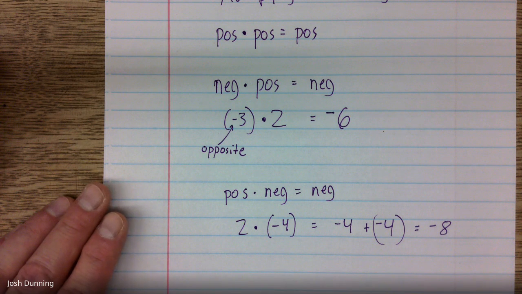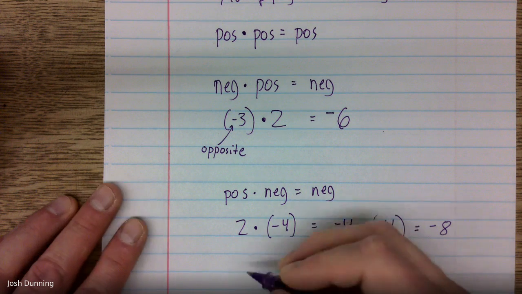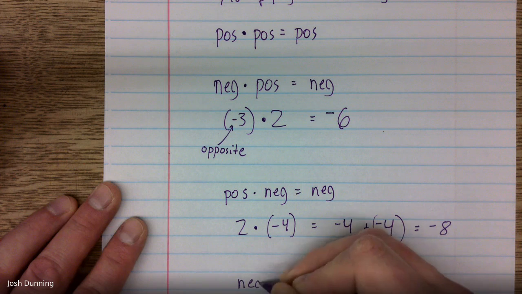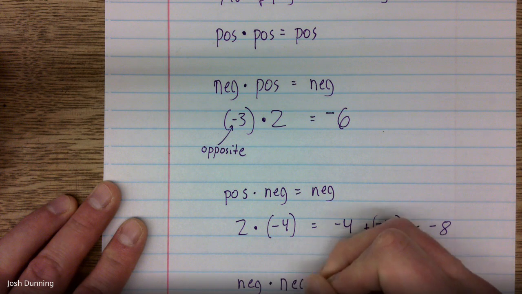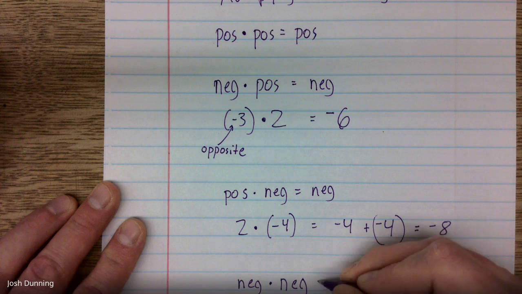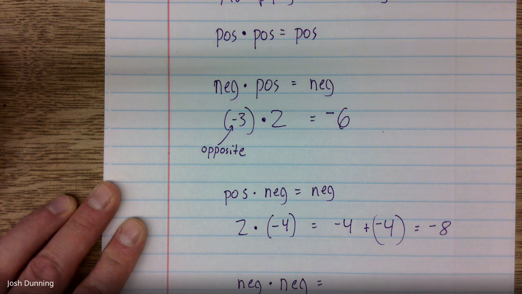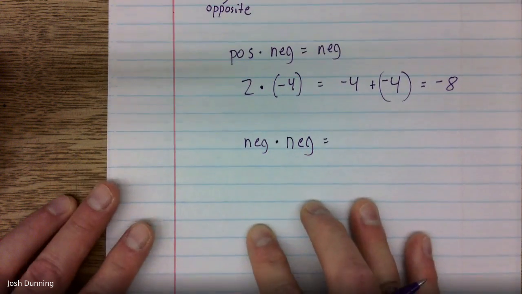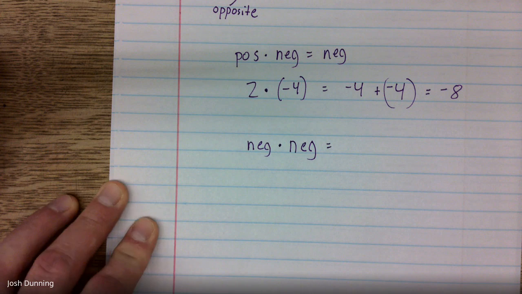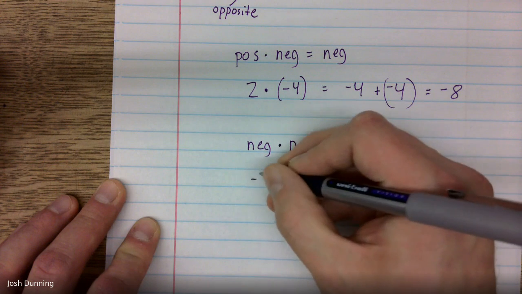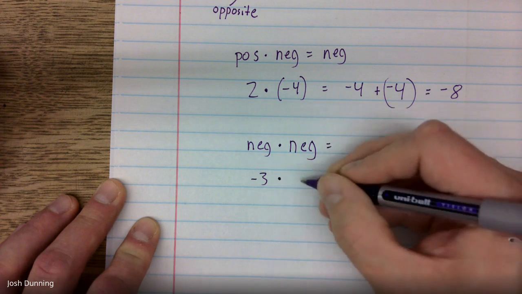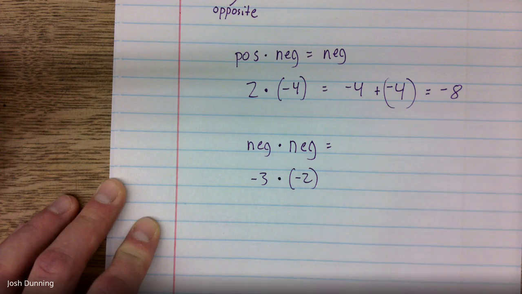All right. Now, probably the most confusing one, and we've kind of already talked about it. What about a negative times a negative? Let's think about this one. Let's say we have -3 times -2.